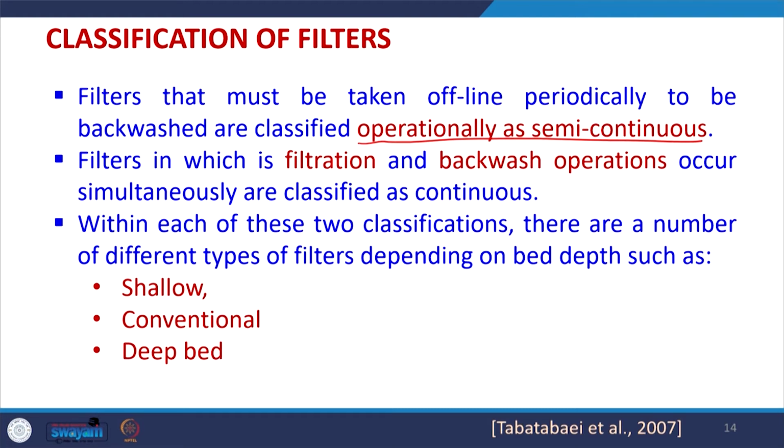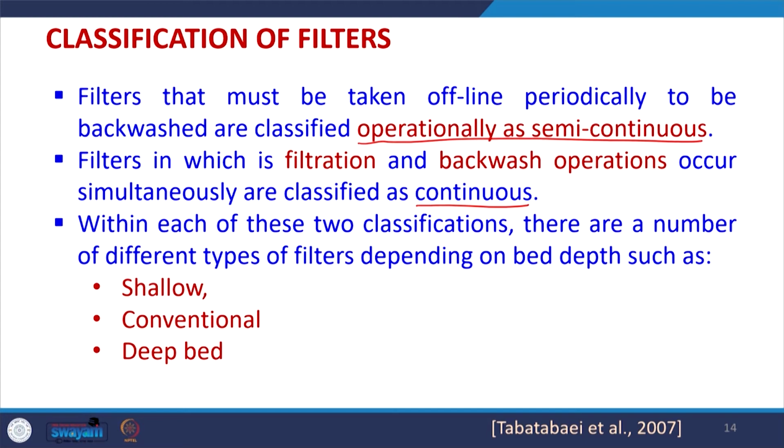In this case we have to use a number of filter beds in parallel, and one is in backwashing and others are in operation mode. Filters in which filtration and backwashing operations occur together are called continuous, otherwise they are called semi continuous.